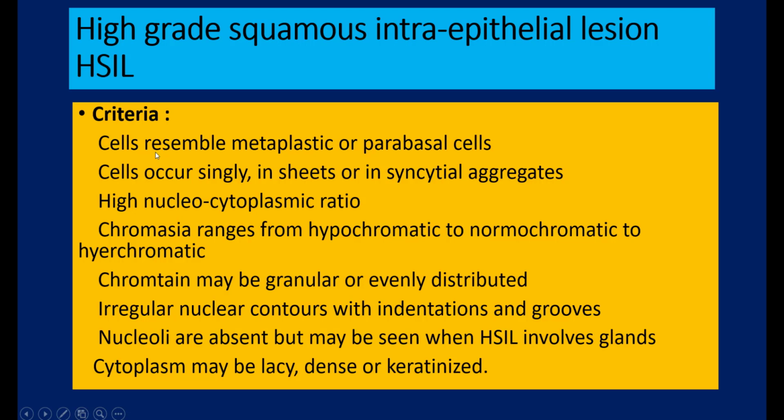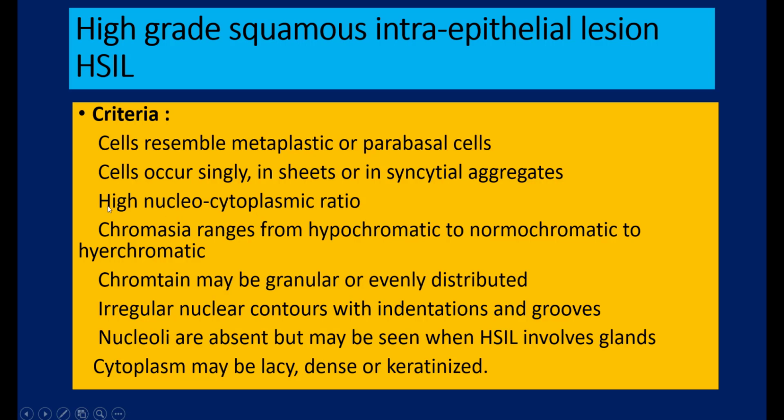The cells generally resemble metaplastic or parabasal cells. But then look at the variations. The cells can occur singly, they can be found in sheets, or they may be found in syncytial aggregates.